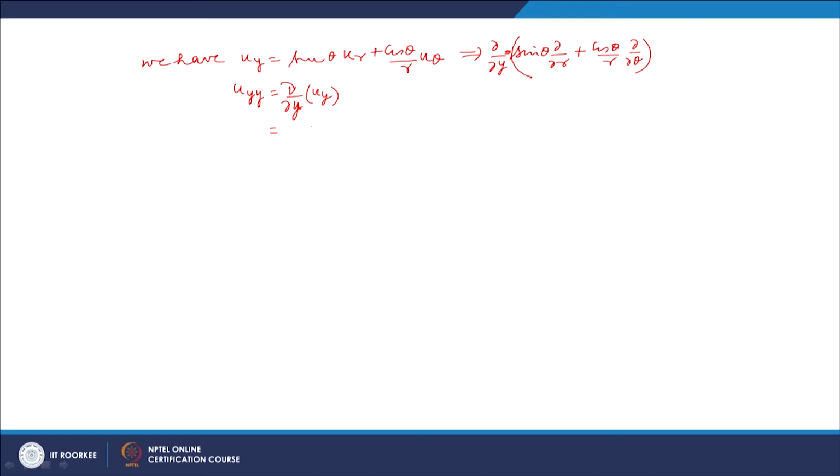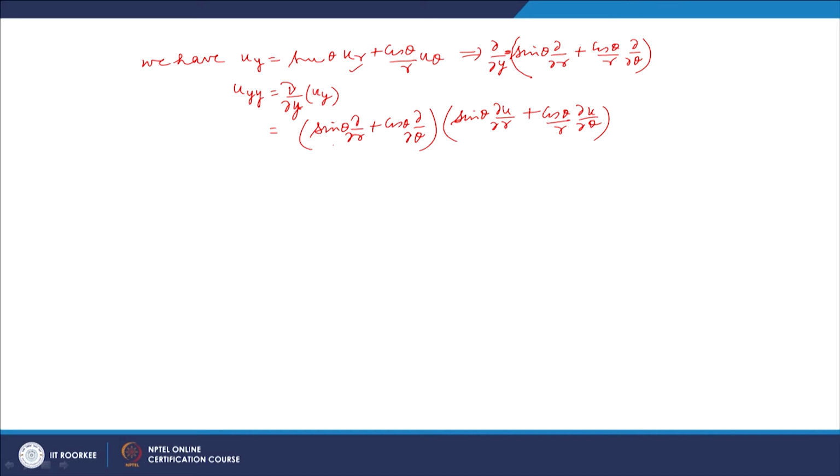So we have sin theta del over del r plus cos theta over r del over del theta applied to sin theta del u by del r plus cos theta over r del u by del theta.